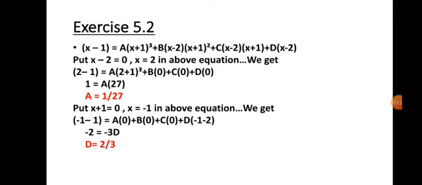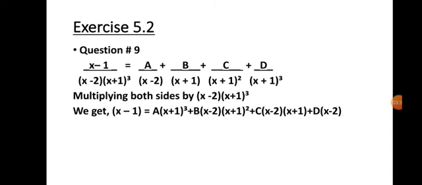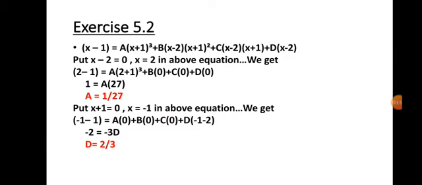But students, we have 4 unknowns and only 2 linear factors, x minus 2 and x plus 1. So we can obtain 2 values by putting a factor equal to 0, but the 2 remaining values will be calculated from the comparing coefficients method.